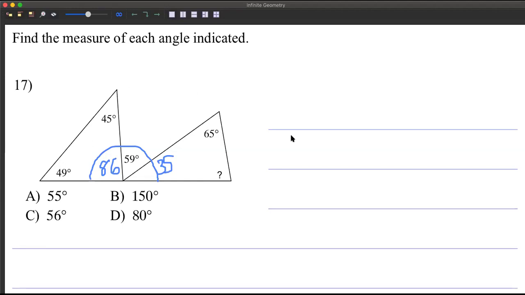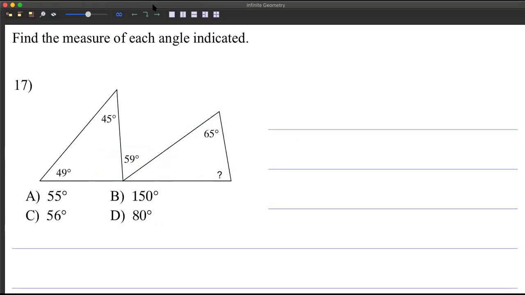Now I have enough. If I look at this triangle, I have two of its angles, so 35 and 65 is 100, which means that this angle right here, the one that's missing, must be 80. What fun!